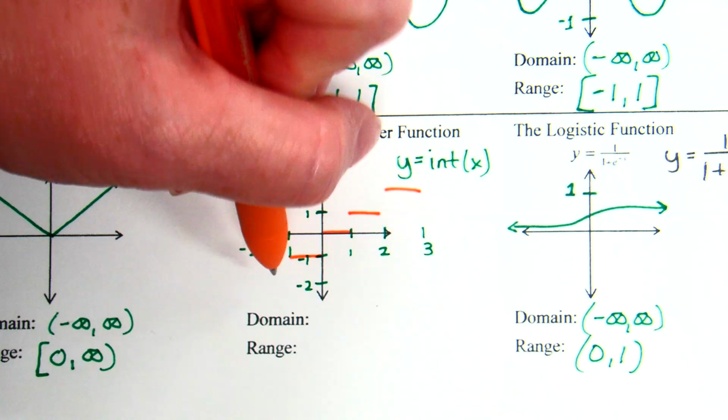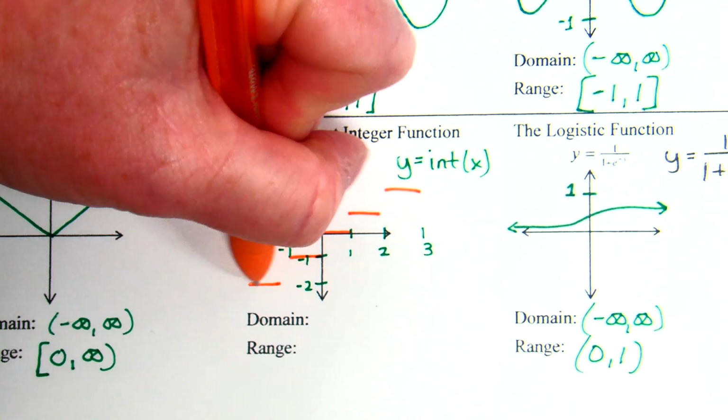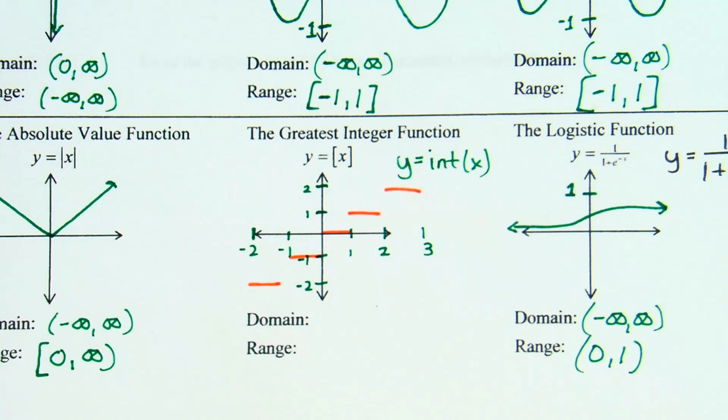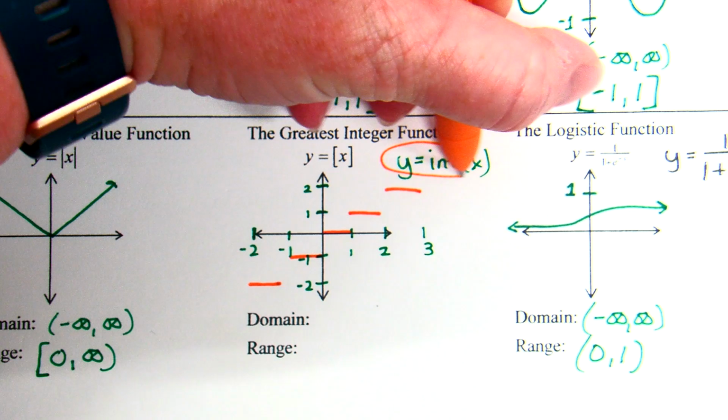Now, this is a function, which means it has to pass the vertical line test. For each x value, there can only be one y value. And so what's important with the greatest integer function here is these endpoints. The left endpoint is always included.